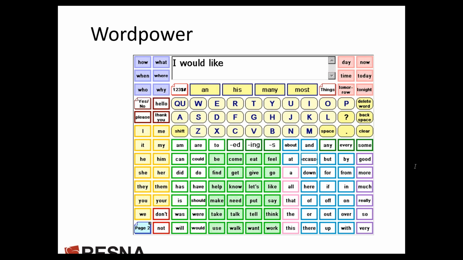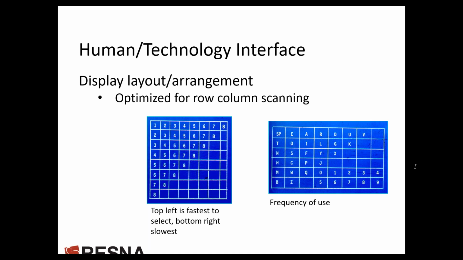So Olga's asking, does a row column scan always require 3 switch activations to make a selection? So if it's auto, it's going to automatically start scanning, so I don't have to worry about starting it. And it's going to hit the first row.